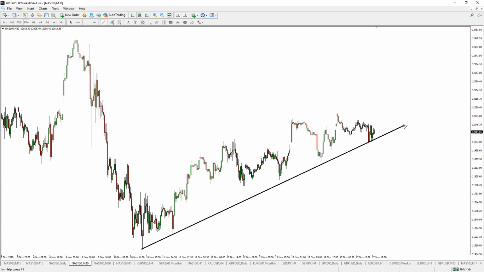Let's say, okay, here's a line. This is support, and now this is the new support. If you look at this zone and it's a round number, and you also look at this zone, you can see this is structure, right? Previous structure. So now there's a higher chance of an immediate move.